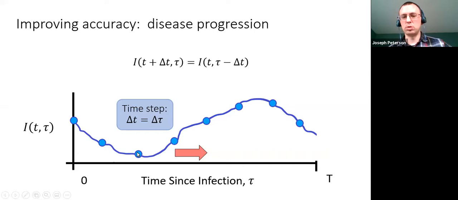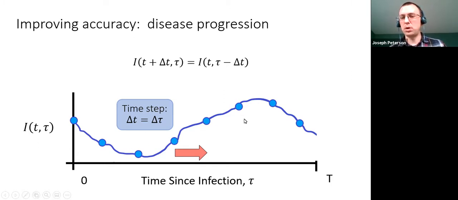All you have to do is just march each one of these points to the same spot that the next data point was previously at, right? You just have to make sure that all of your points are uniformly spaced. You can't do some kind of adaptive spacing where you have more resolution at a certain age of infection, less resolution at others. Now you're restricted that you have to have uniform spacing of these points in tau.